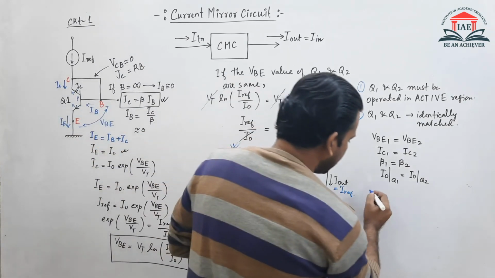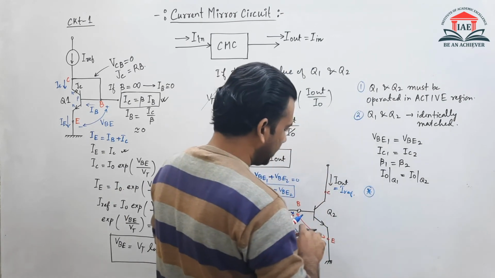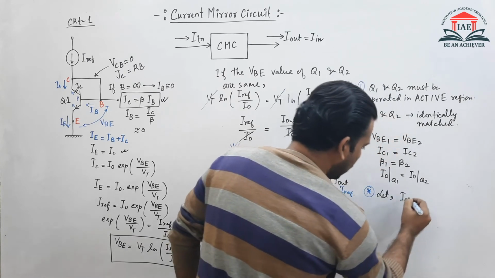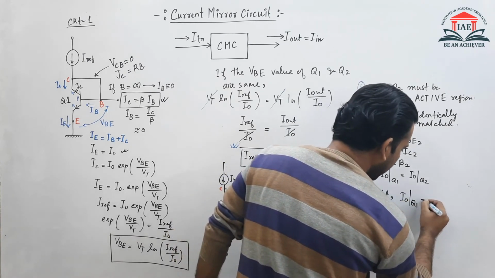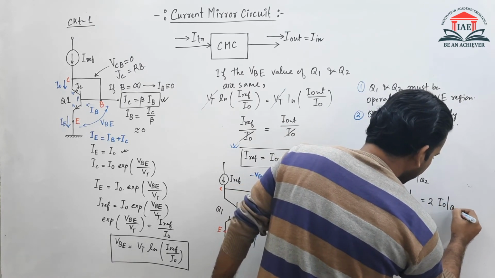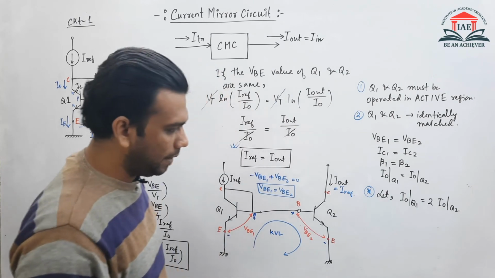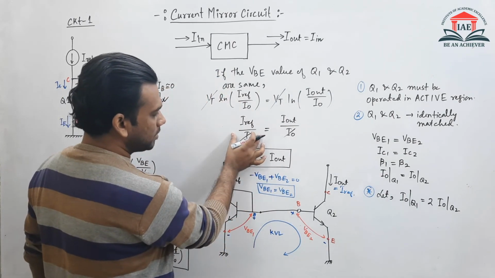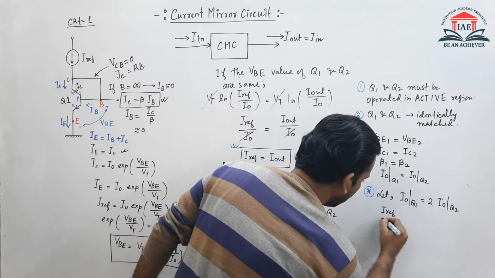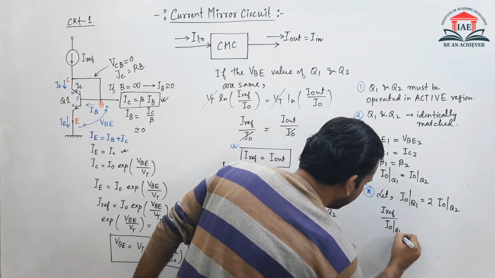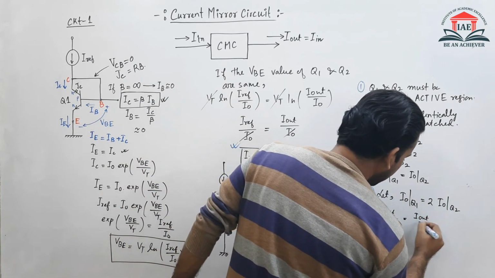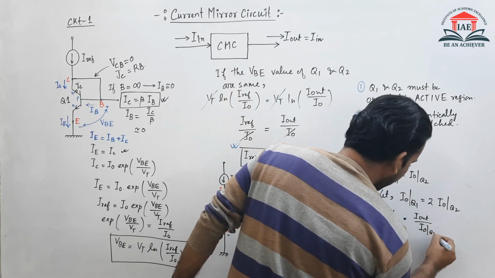So for that purpose, let us assume that the I0 value of Q1 is 2 times of I0 value of Q2. If it happens, then what will happen? Then we cannot cancel this I0. So that means our equation will be I0 of Q1 and this is equals to I out divided by I0 of Q2.